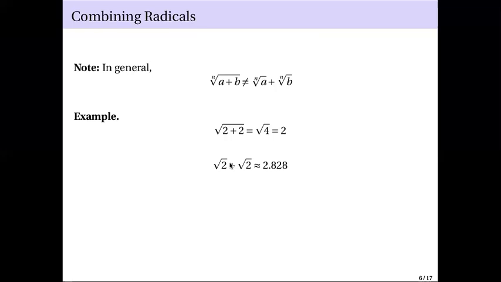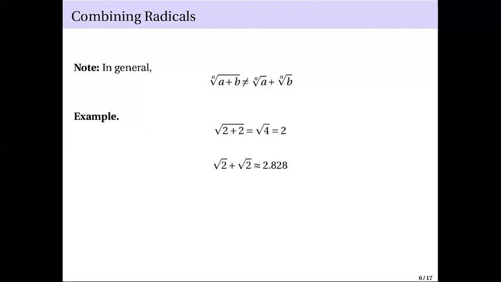Square root of 2 is approximately 1.414, so if you add it to itself, you get approximately 2.828. And look, they are not the same. So do not just distribute the radical over the sum.